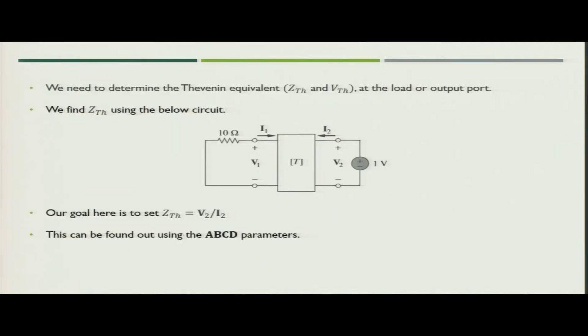Now, first what we need to do? We have to determine the Thevenin impedance and Thevenin voltage. First, let us find out the value of Thevenin impedance. So, for that what we have to do? To find out the value of Thevenin impedance, we need to short circuit all the independent voltage source.